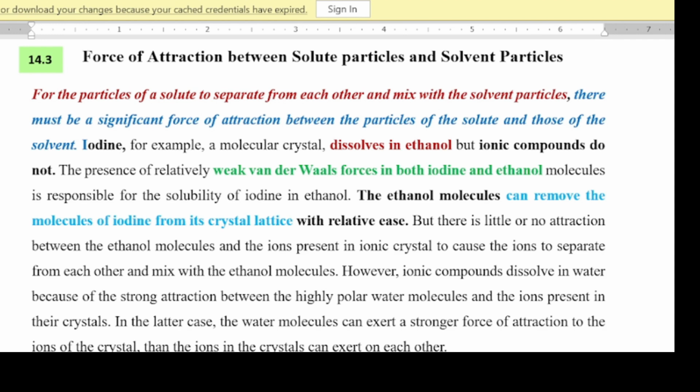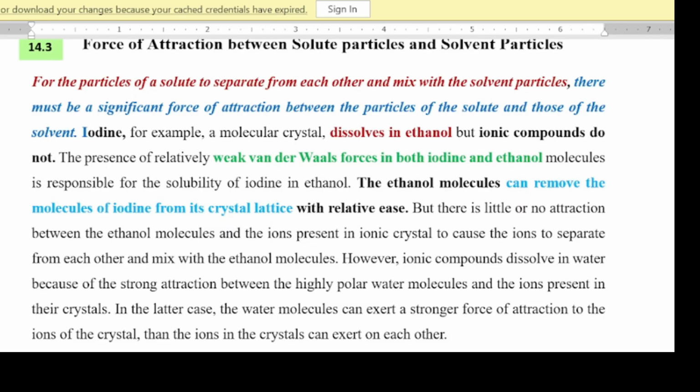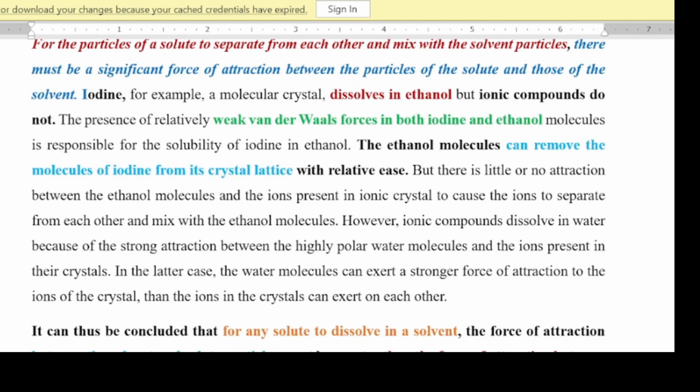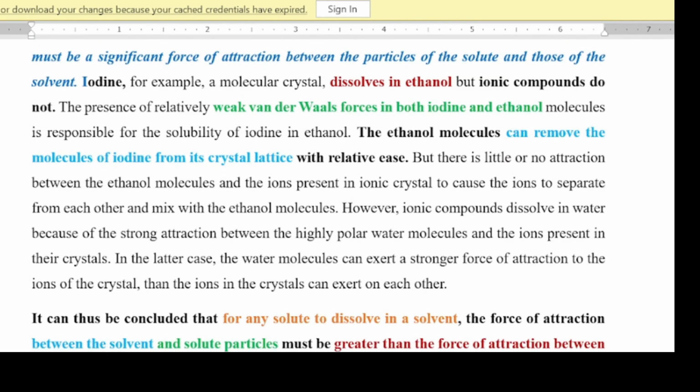If you try that out with, say, sodium chloride crystals, it will not happen, because the forces of attraction between the sodium ions and the chloride ions within the crystal are too strong for the ethanol molecules to separate them.